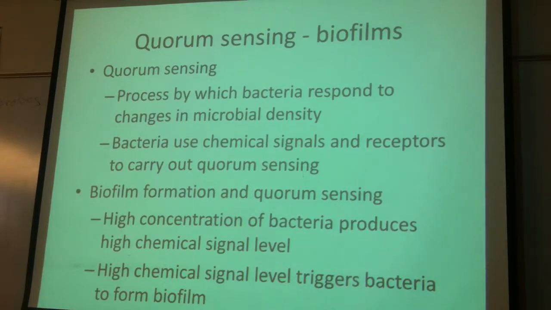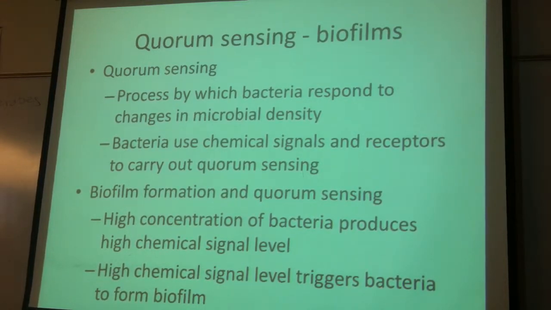High concentrations of bacteria produce high chemical signals, basically saying there's a lot of us around. And then these high signals will trigger the bacteria to form into biofilms. Okay, there's enough of us. Let's form this biofilm. Let's put the energy into the extracellular matrix. And so you start to create that entire biofilm.